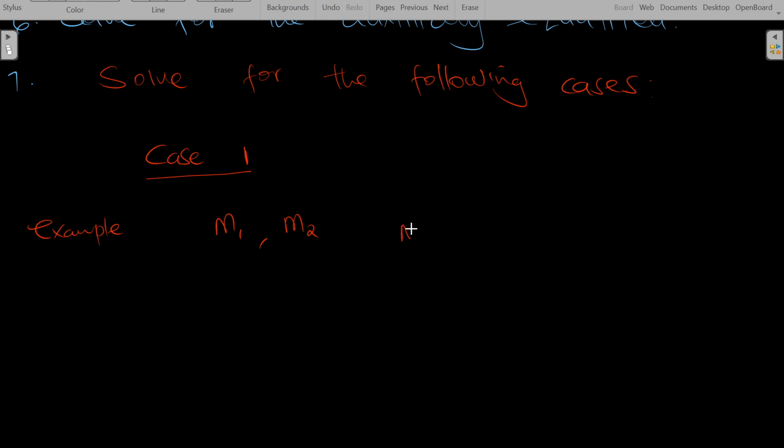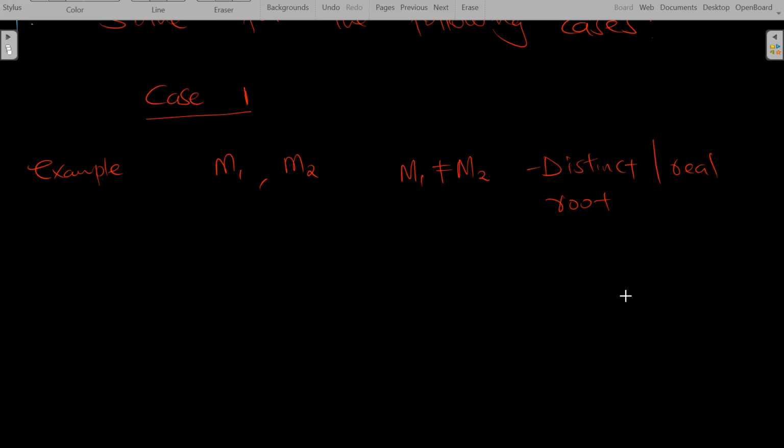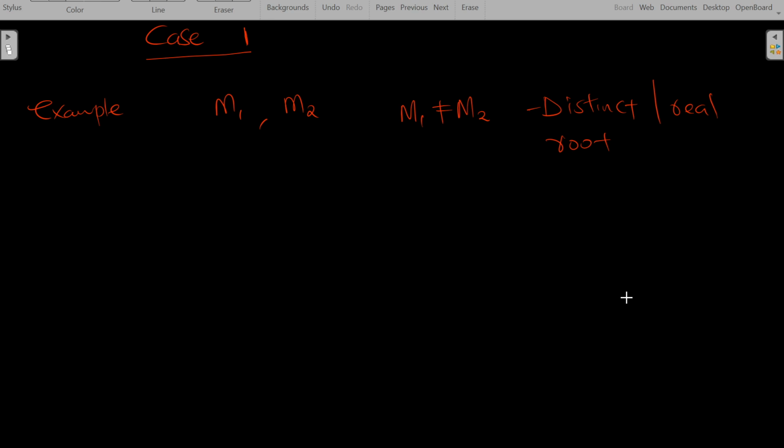If m1 is not equal to m2, that's the condition, I'll say these are distinct or real roots. Once you've gotten your roots, compare: are they equal? If they are not, they are distinct or real roots.